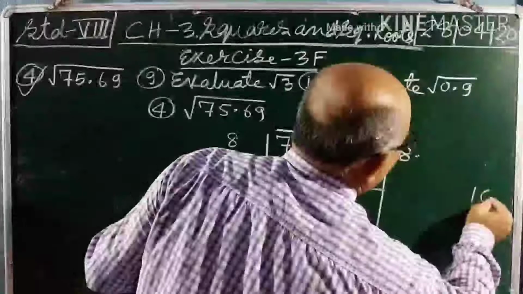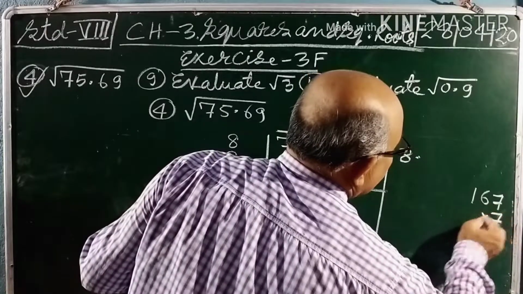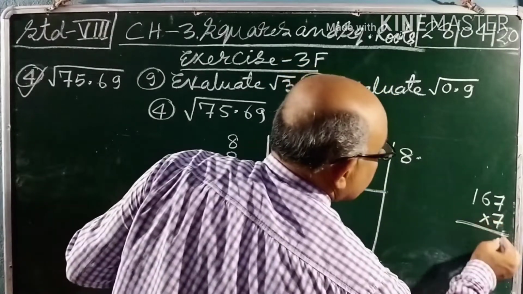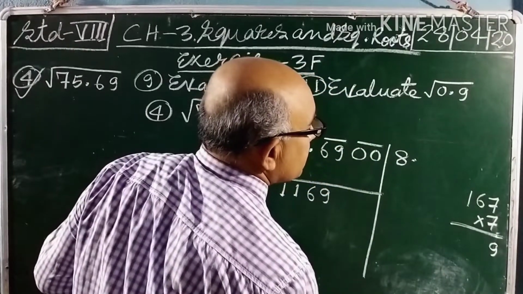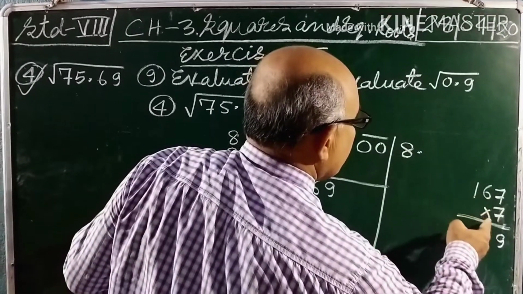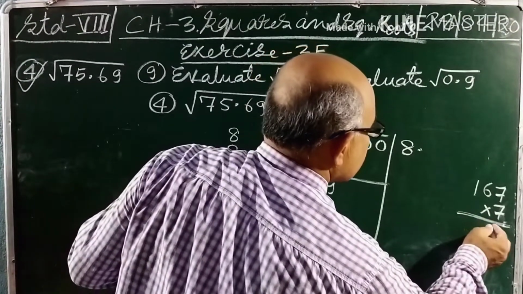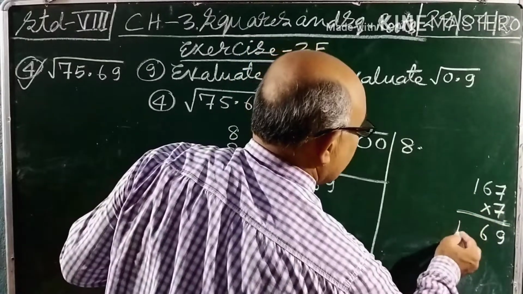Now check here: 167 multiplied by 7. 7 7 is 49, 7 9 is 42 plus 4, 46, 1 7 is 7, 4, 11.